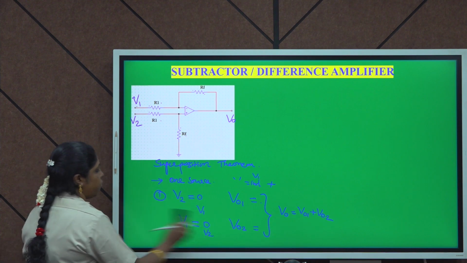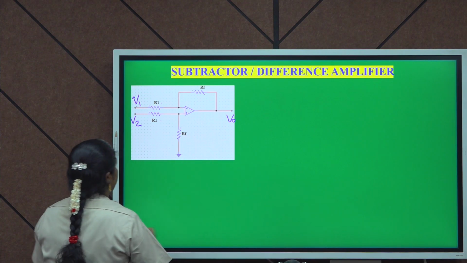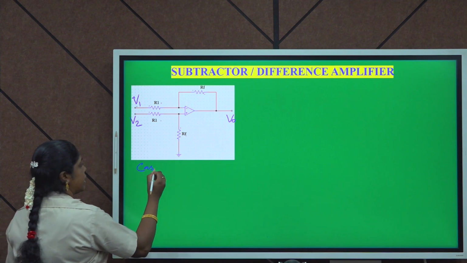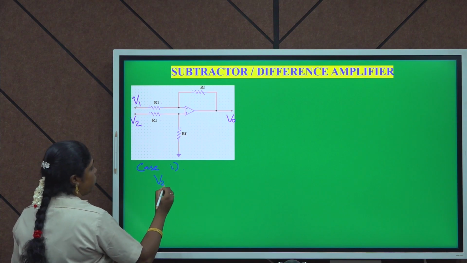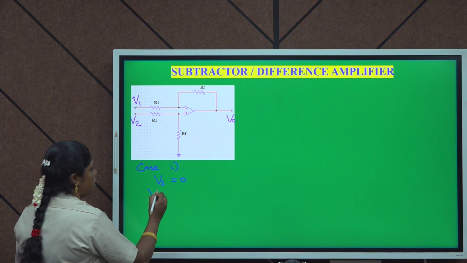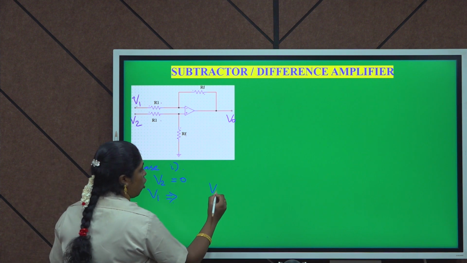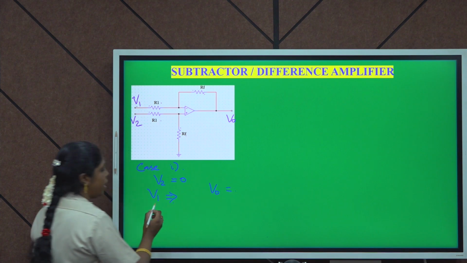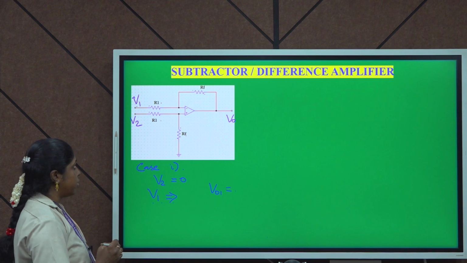First, we will consider case 1. In case 1, we will consider V2 is equal to 0. We will find the effect on the output voltage due to the presence of input voltage V1.